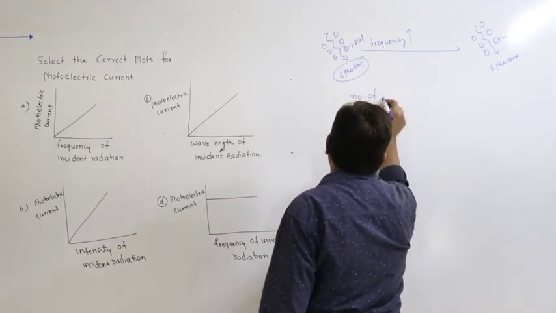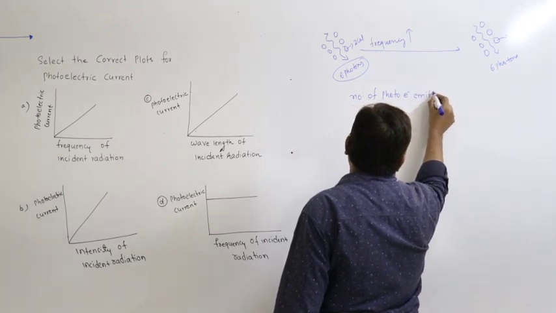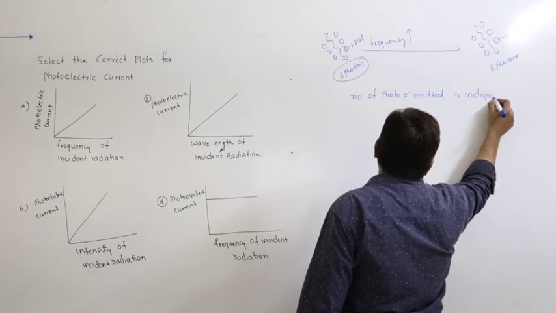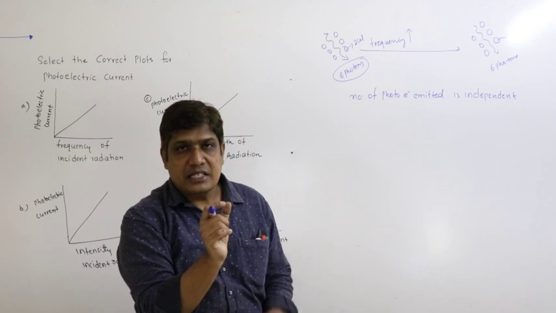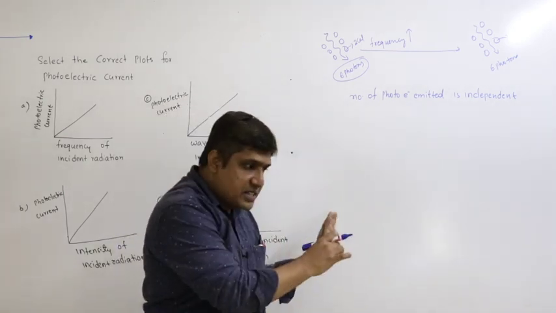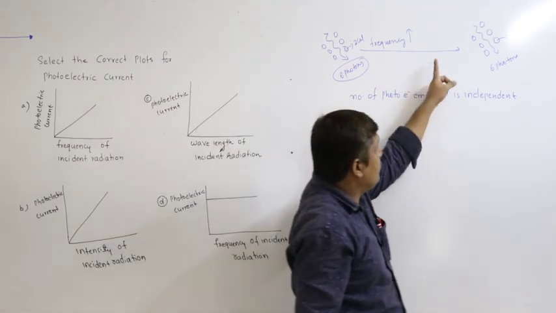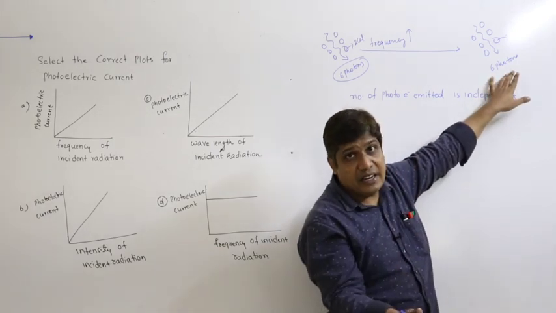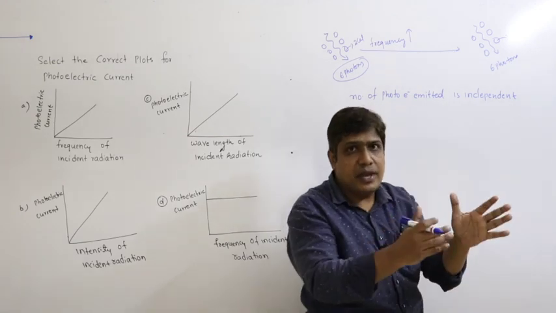So the number of photoelectrons emitted is independent. How to remember? 1 electron at a given instant absorbs 1 photon. 6 photons are available, so at a given instant 6 photoelectrons are emitted. When I increase the frequency, the energy of photon increases. That means these photons have more energy, but at any instant 6 photons are available, so 6 electrons will be emitted.